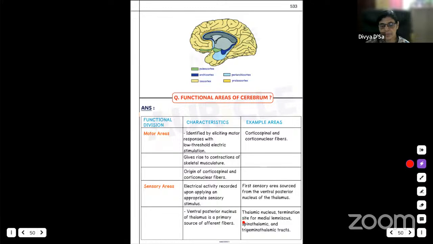So here, the ventral posterior nucleus, the VP nucleus of the thalamus, is the primary source of afferent fibers which come to the sensory area.